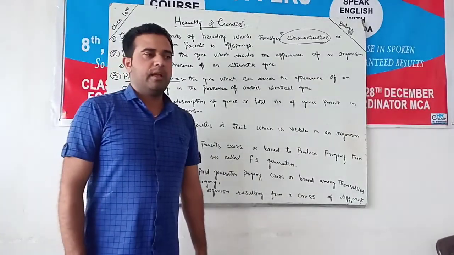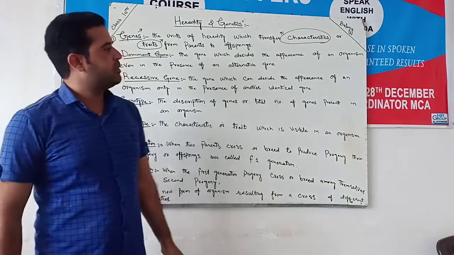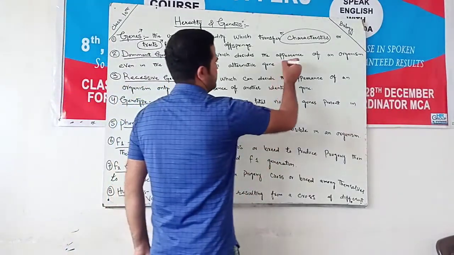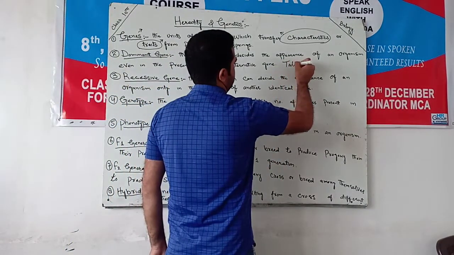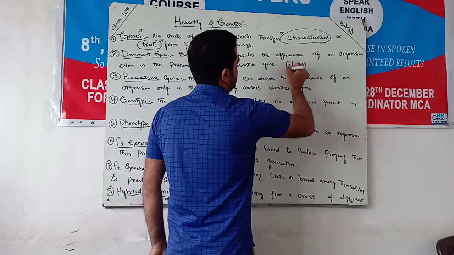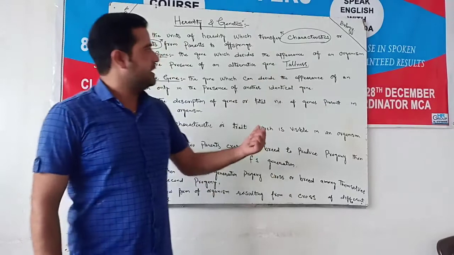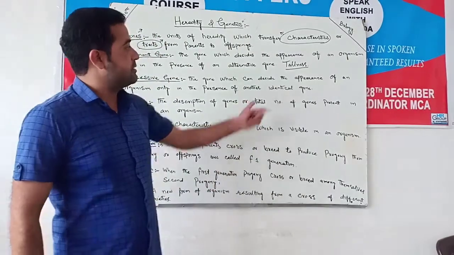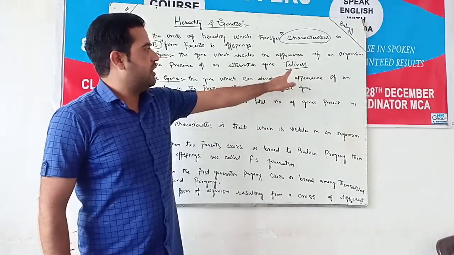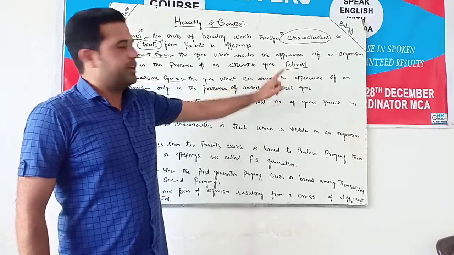Suppose the gene responsible for tallness. Tallness is a character, it is a trait. The gene responsible for this tallness is dominant.